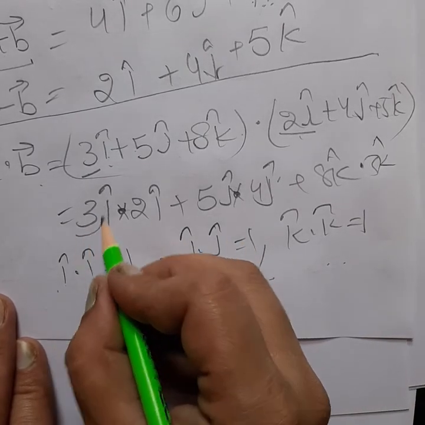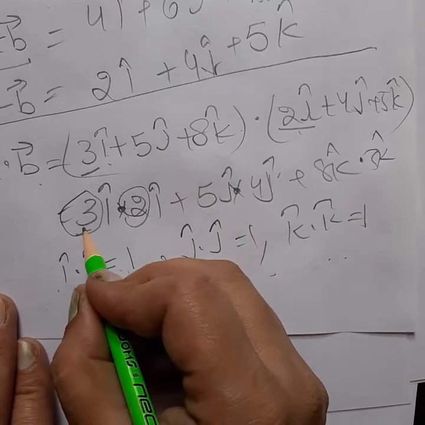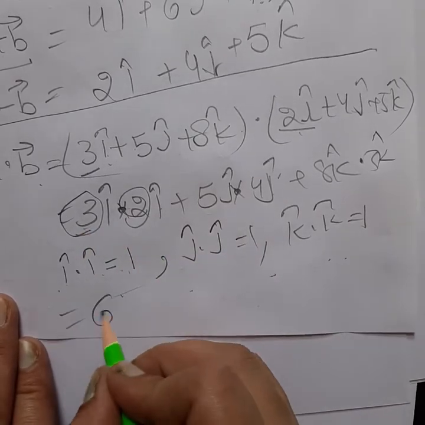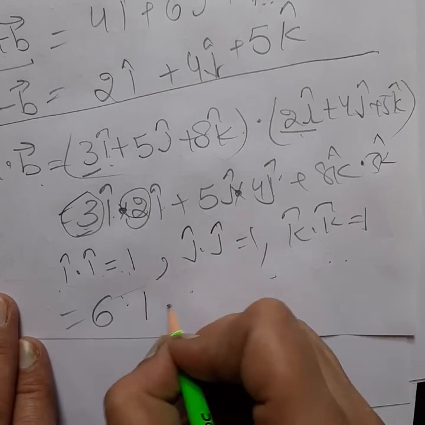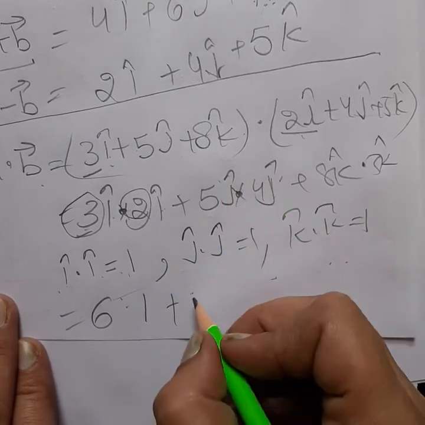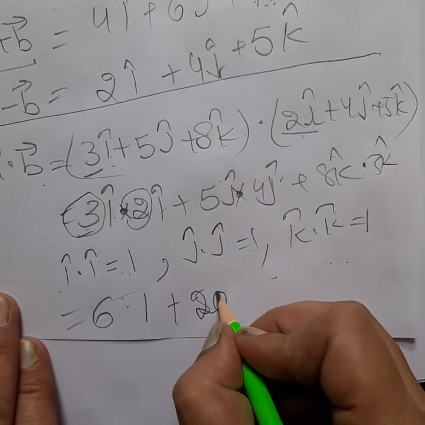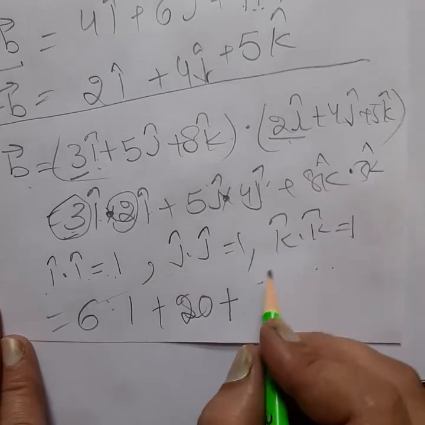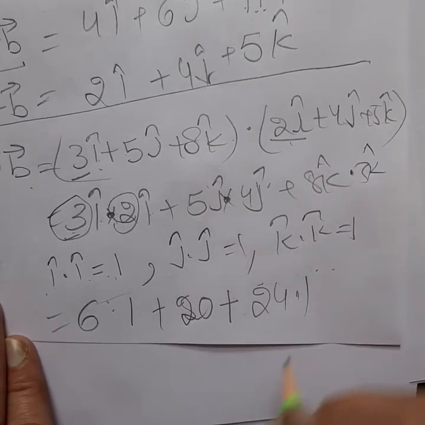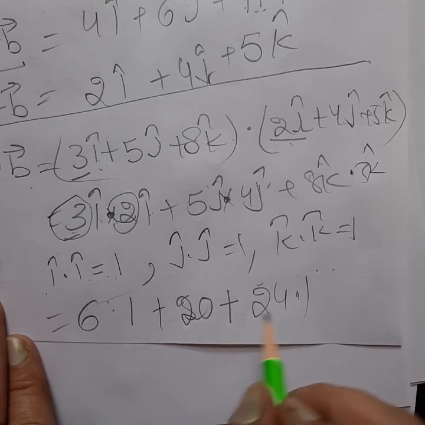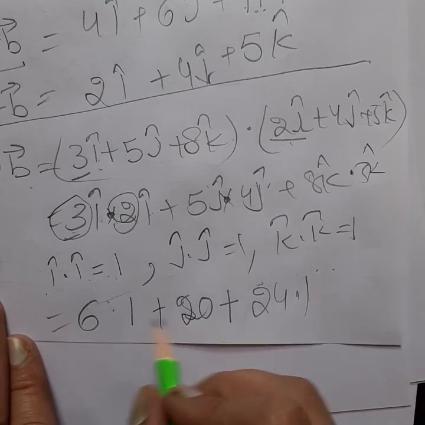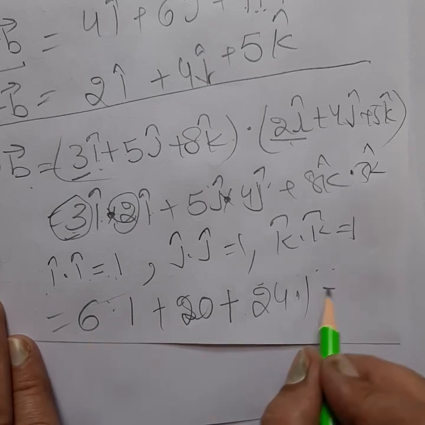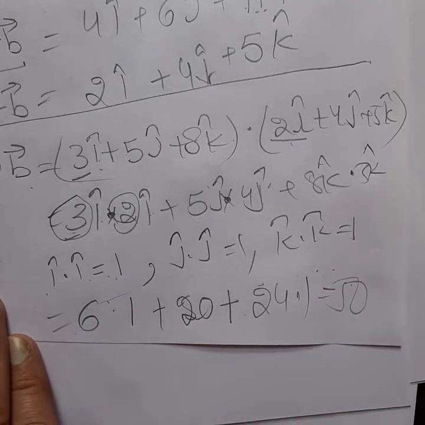So in our product we get 3 multiply 2, which is 6. i dot i we have 1, and j dot j we have also 1. 5 4s are 20, and 8 5s are 40, and k dot k is 1. And we get 40 plus 20 plus 6, which is 66.